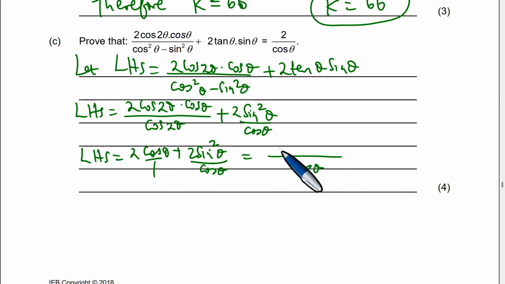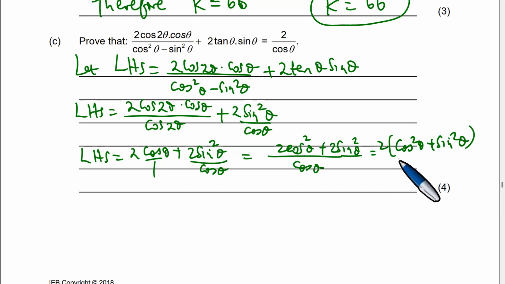Cosine theta over 1 is cosine theta, which is 2 cosine squared theta plus 2 sine squared theta. So the top common factor, you have cosine squared theta plus sine squared theta divided by cosine theta. What is cosine squared plus sine squared? It is 1. So this is 2 over cosine theta, which is the right hand side.